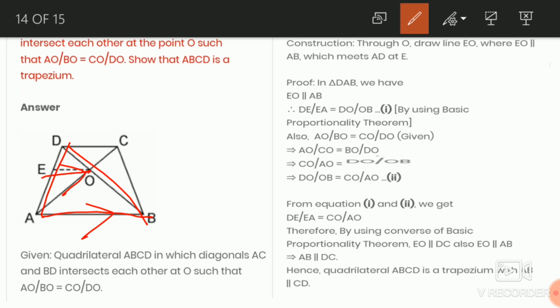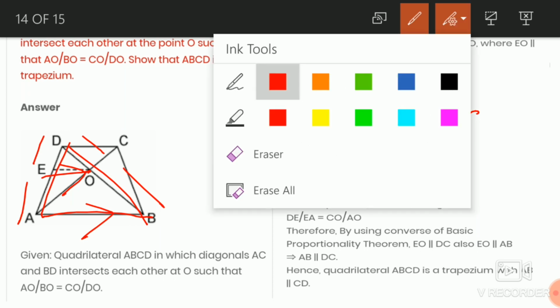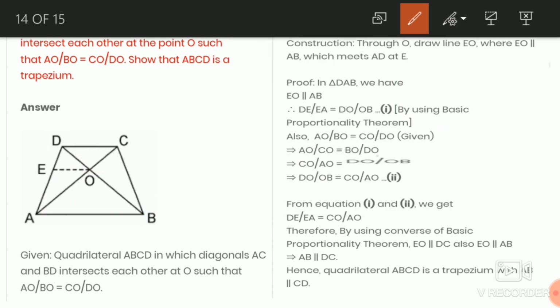Now, from here, by the basic proportionality theorem, as EO is parallel to AB, we can write DE by EA equals DO by OB. We have marked it as equation 1. Next, here is the given condition: AO by BO equals CO by DO, as it is given in the question.